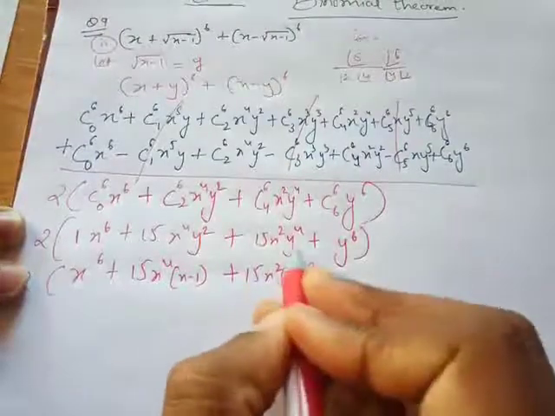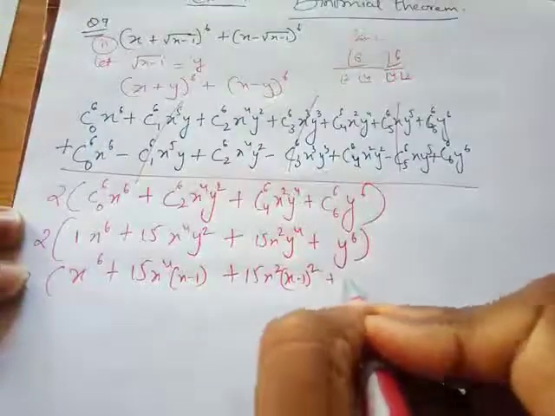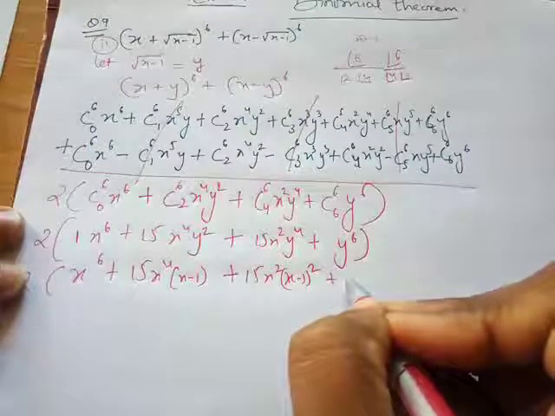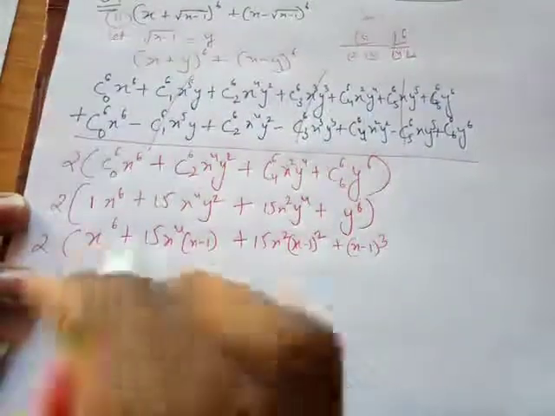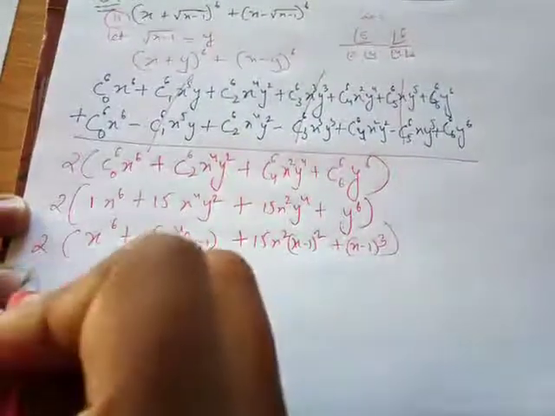You can just think about what comes when the square root goes away with the power 4, plus y to the power 6, which is going to be x minus 1 to the power 3. So that's how it's going to be, and then I can solve this out.